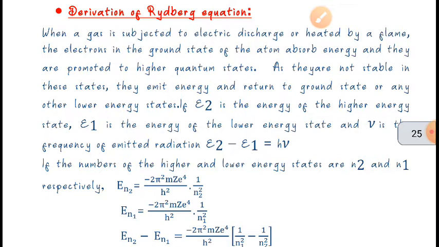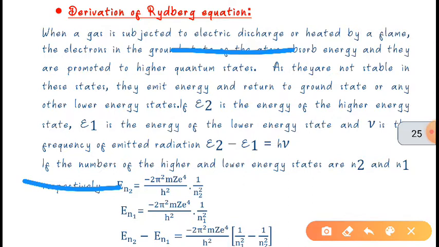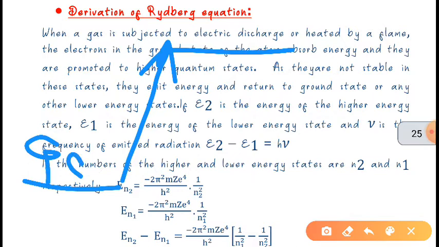Now the shifting of an electron from energy level 1, the ground state, to a higher energy level, the excited state, can be represented like this.